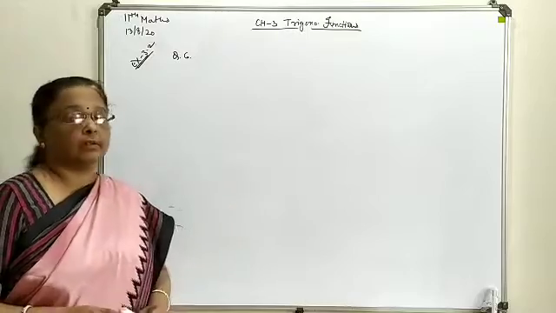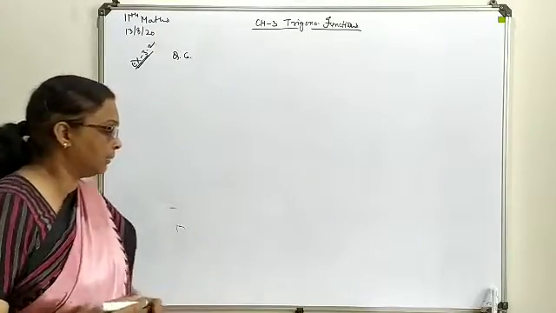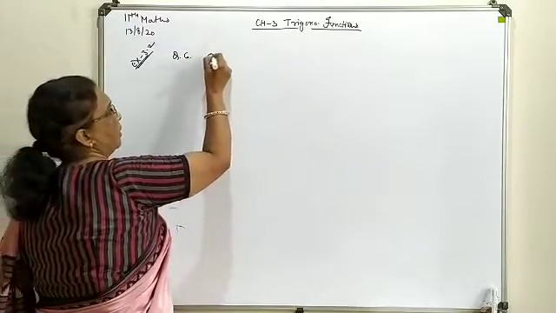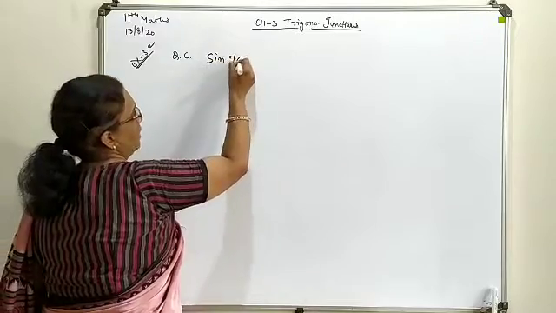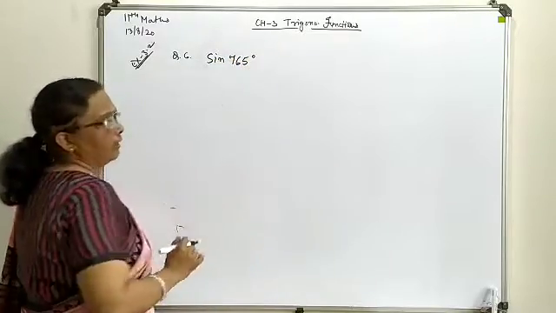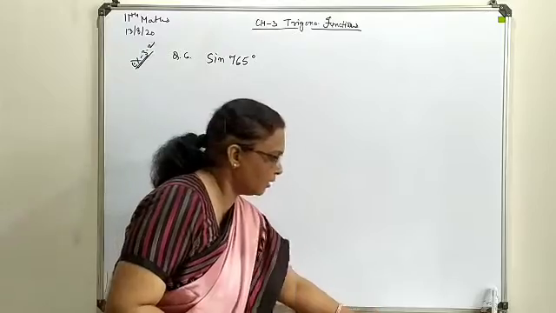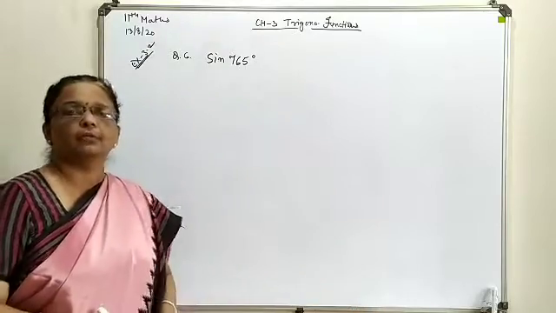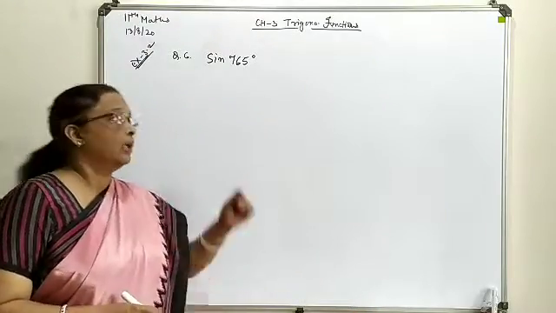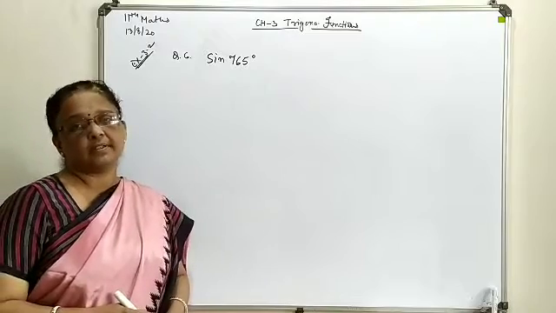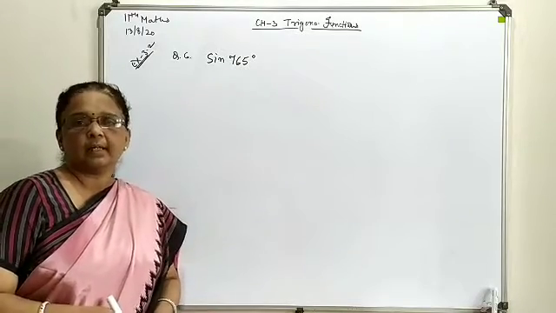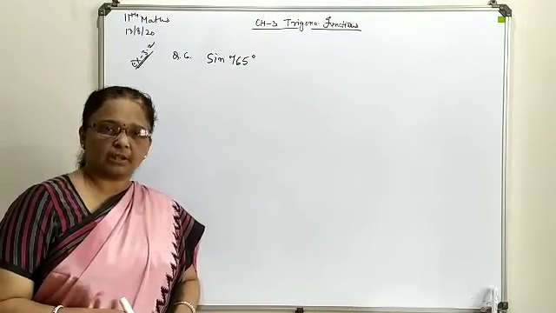So let's start with question number 6, which is sine 765 degree. Now 360 into 2, we know, is 720. So this 765 we can write as 720 plus 45.